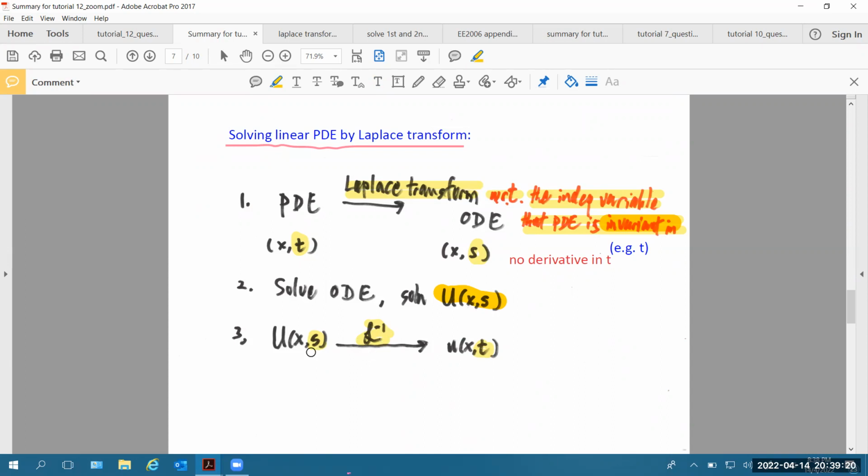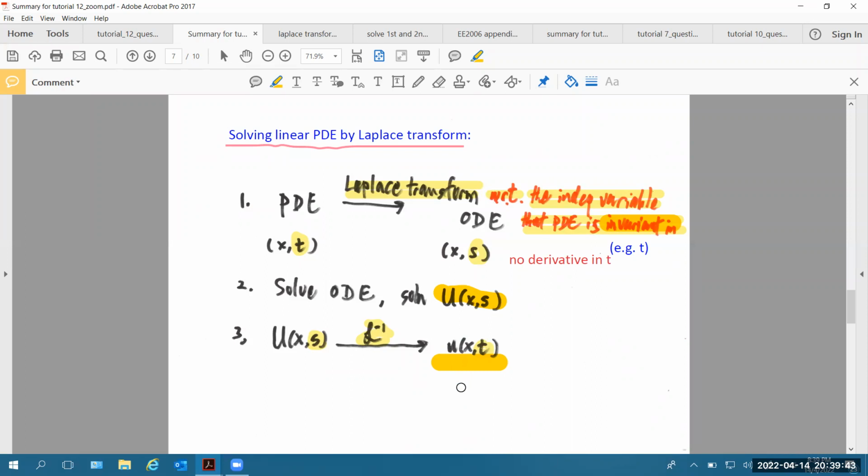When you do it with respect to s, the s will change back to t. Then you get your solution already. So this is the main idea of the Laplace transform method.